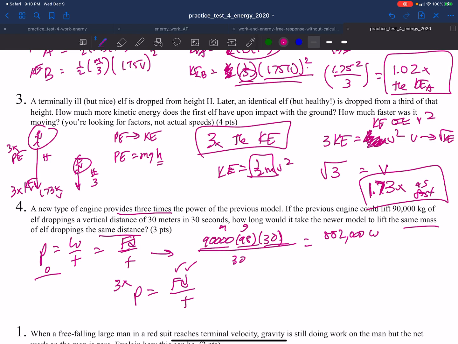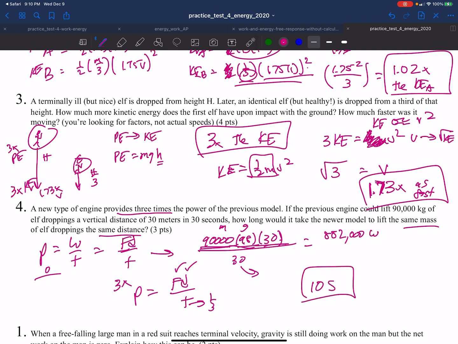In order to keep this equation proportional, you have to reduce the time by 1/3. So if it's going to have the exact same mass, the exact same distance, but it has 3 times the power, it's only going to take 1/3 of the time. So this is going to take 10 seconds.